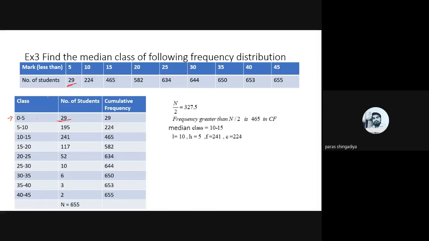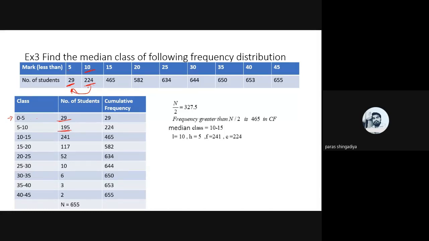And then the next interval will be 5 to 10. Clear? So how many students will be there in 5 to 10? Up to 5, 29 students are there, and up to 10, 224 students are there. So between 5 to 10, how many students will be there? That is 224 minus 29, and that will be 195.